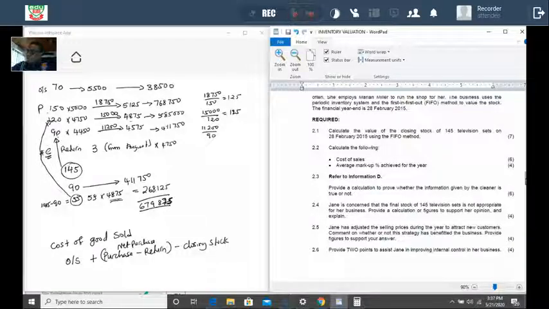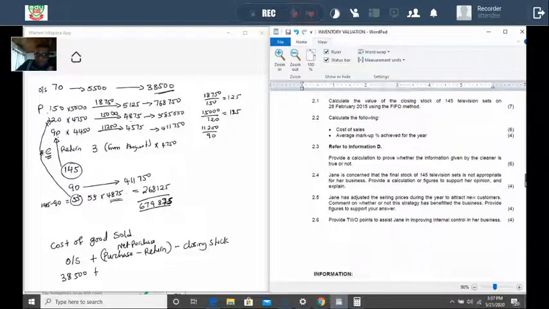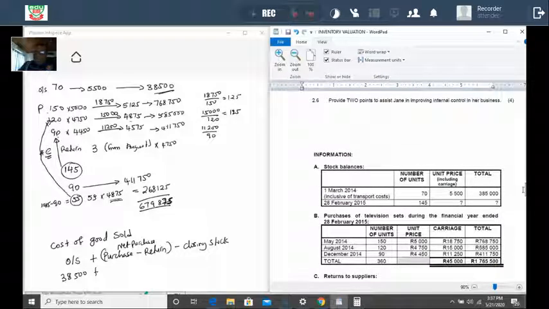So if we come back here, our opening stock was 38,500. We go to our total purchases. Our total purchases were 1,765,500. But remember, there was this return of 3 TV sets from the August purchase.